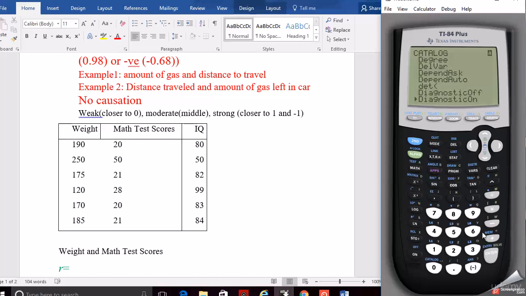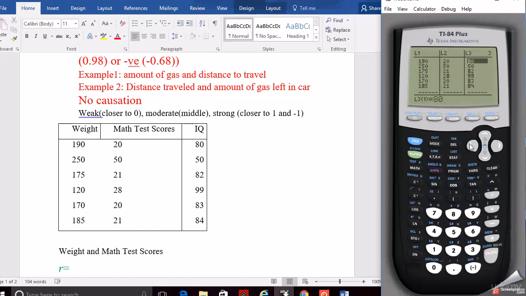So here it is. I'm going to enter and enter again. Make sure you see Done before you can proceed. Having done this, now we are going to go to stat. Remember, we go to stat to enter anything from a table. So go to stat and we enter.